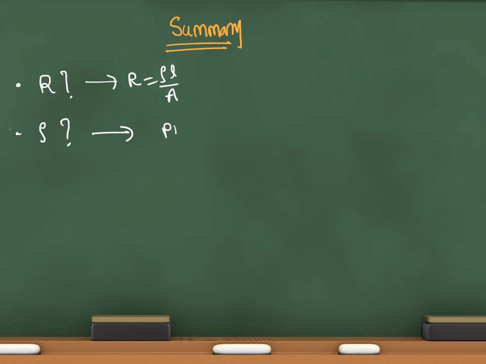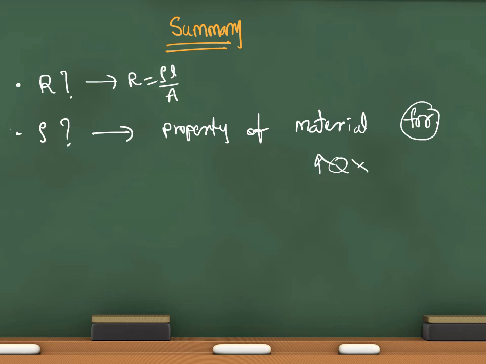Resistivity is a property of a material which is responsible for resisting the flow of charge. And what is conductivity? It is the reciprocal of resistivity, which is responsible for allowing the flow of free charge throughout the conductor.